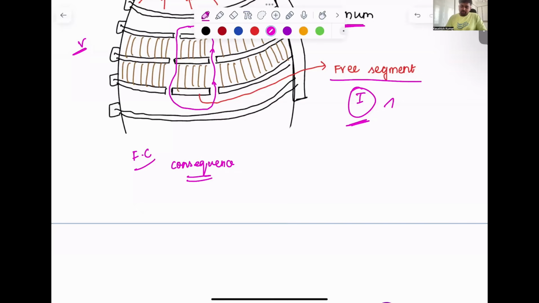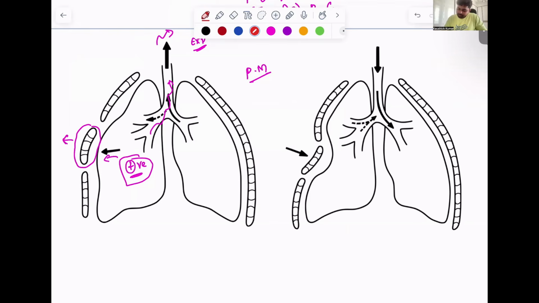So from flail chest, we understood they have pulmonary contusion and paradoxical movement. So what does it lead to? It leads to lung collapse. We'll take the same image.